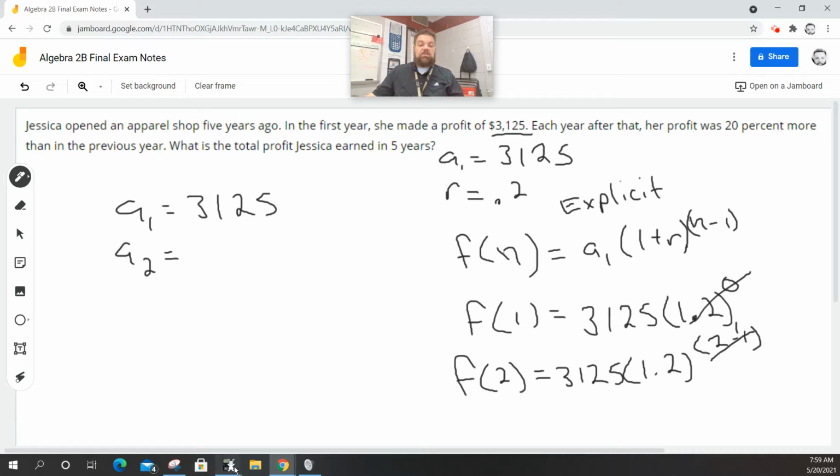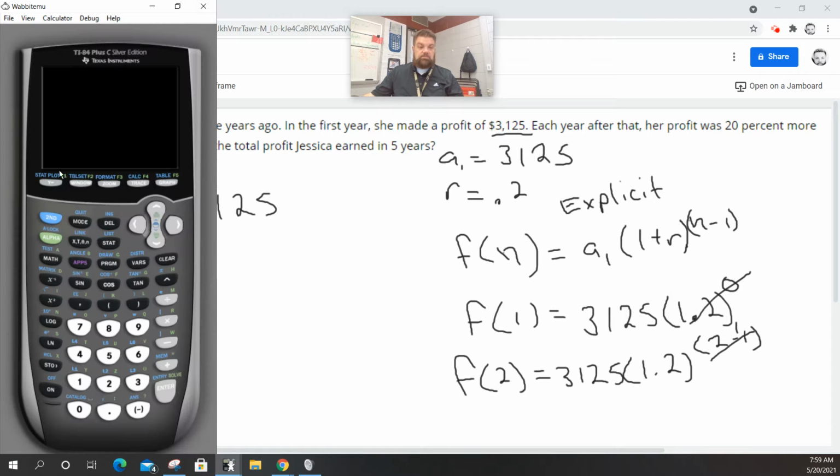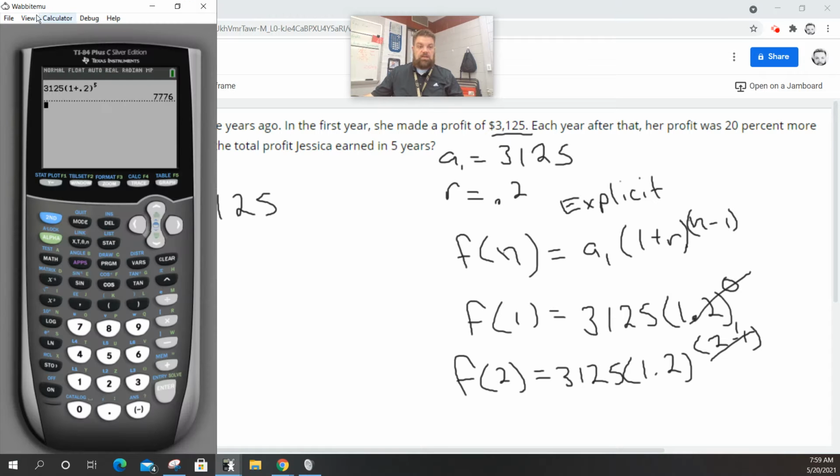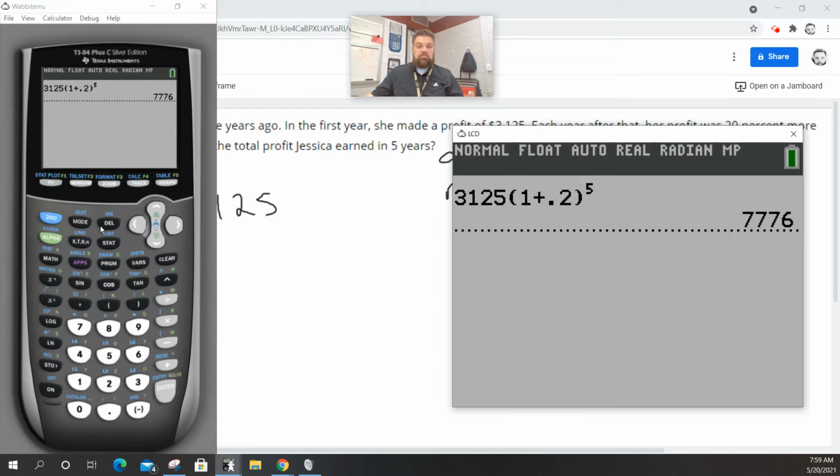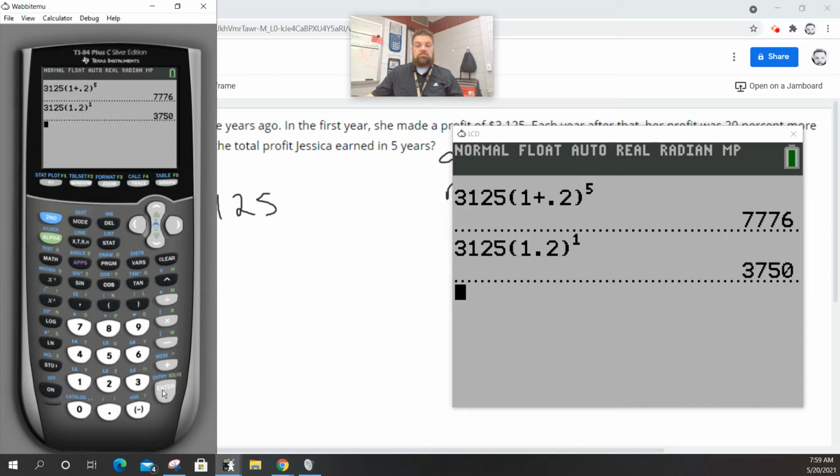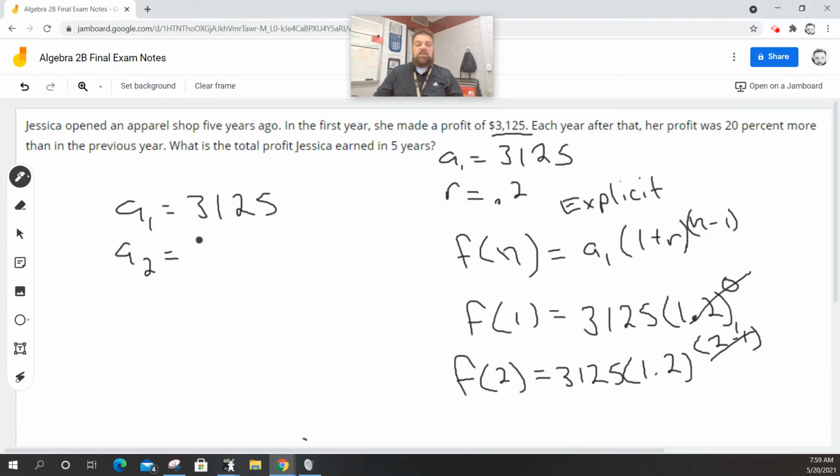If I plug that in the calculator, I would get 3,125 times 1.2 raised to the 1. So on the second year, the profit increases by 20%, and it would be 3,750.